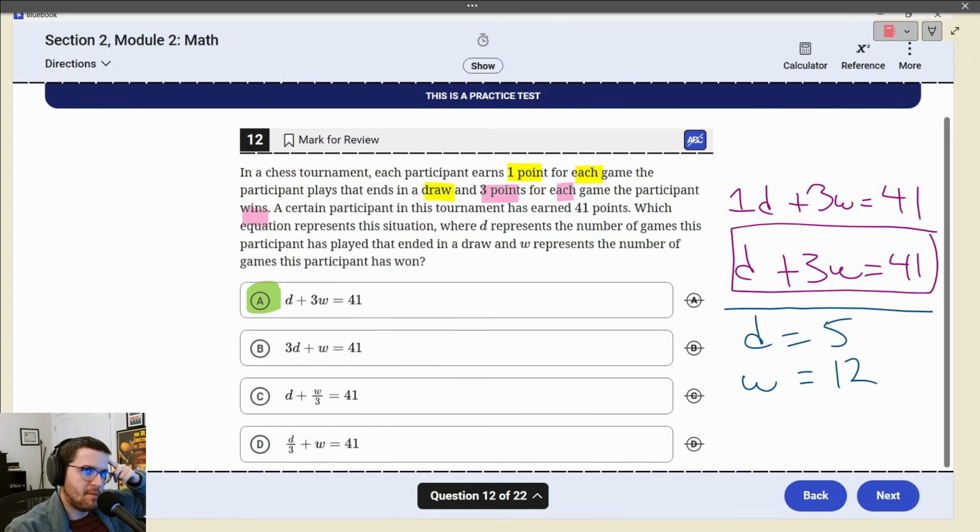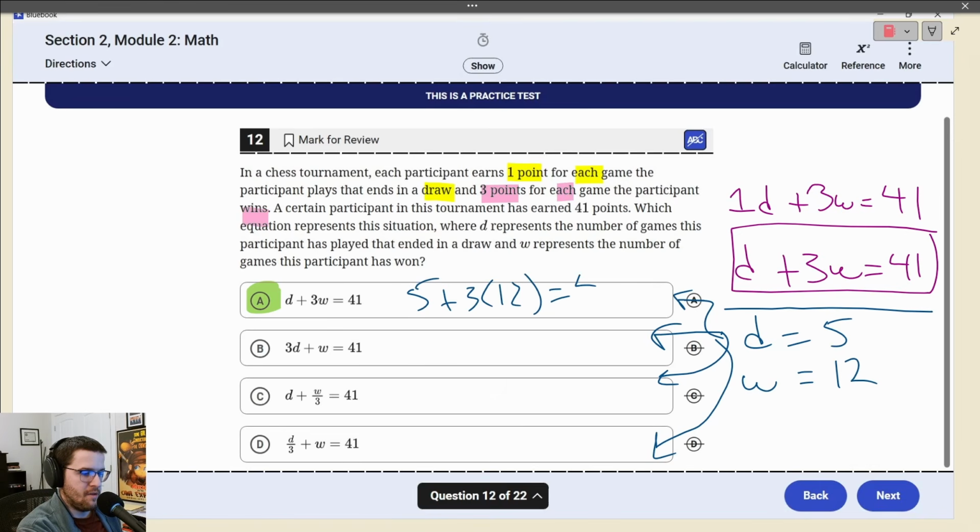And I think, 12 times 3, 36, plus 5 is 41. And you could go and plug those into each and every choice to see which one made it true. And you'll see, as long as you picked good numbers, it does work for A and nothing else. So look, if I do 5 plus 3 times 12 equals 41, you should get 41 equals 41, which means we probably did a good job. I bet if you plug those numbers into the other choices, it does not hold true for choice B, C, or D. So A is the answer.